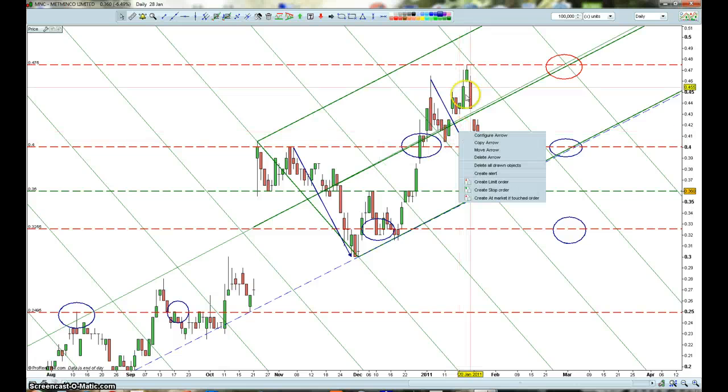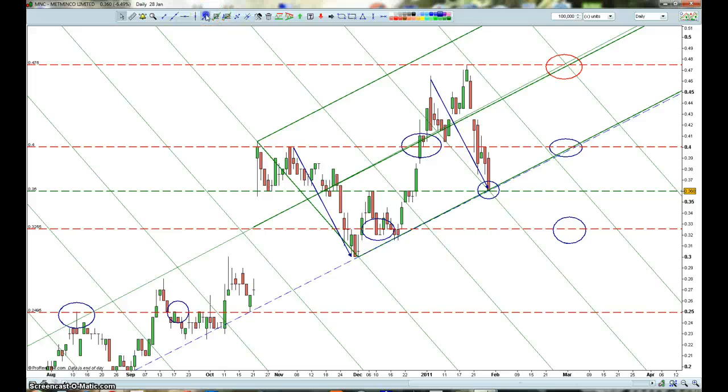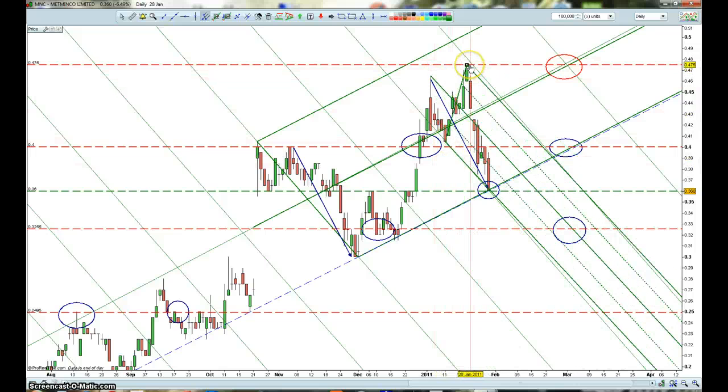So anyway, another argument would be that we could draw another fork there. It's a high pivot, low pivot, high pivot, bang, and the support line of that green fork actually lands smack right there where it's gone to.